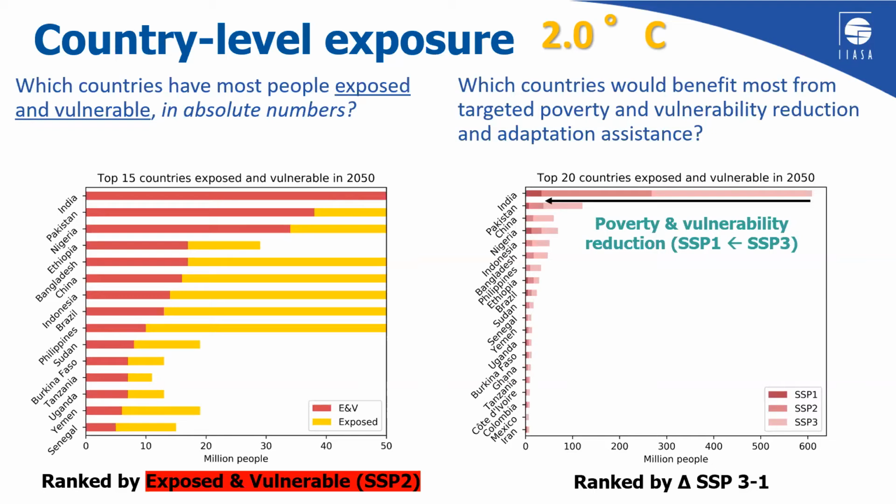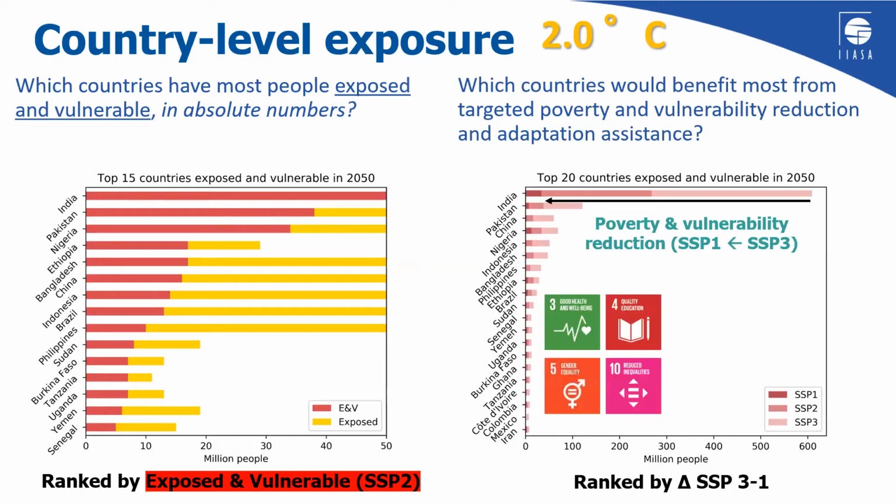And so in the worst case scenarios, in a world with very high inequality, more poverty, more rural population, low education, the number is vastly larger, an order of magnitude larger than the number of people that are vulnerable in the world which has good SDG achievements. And these are some of the SDGs that are particularly relevant: health, education, gender equality, and reduced socioeconomic inequalities in general.